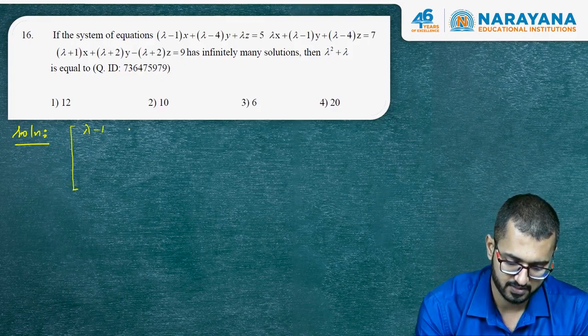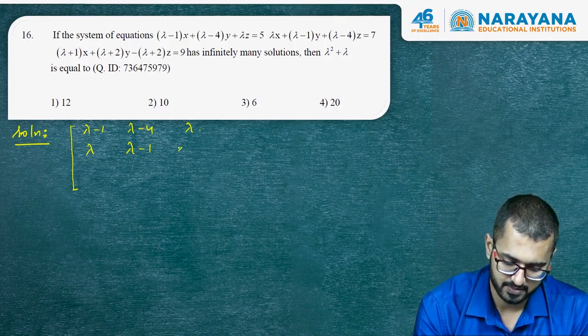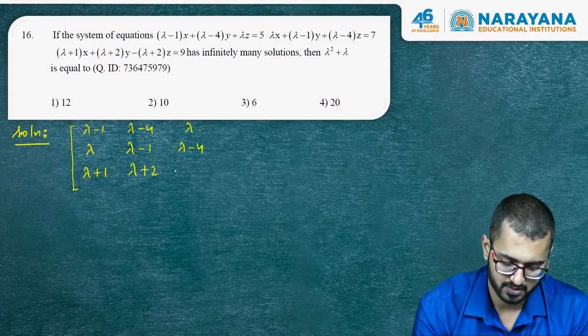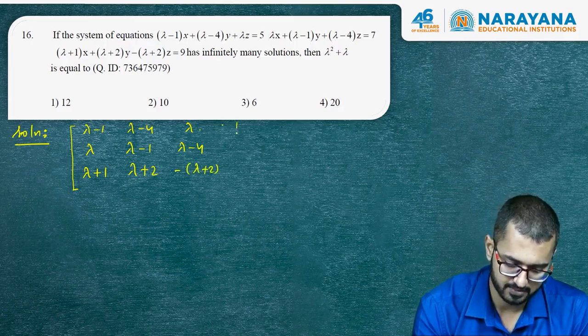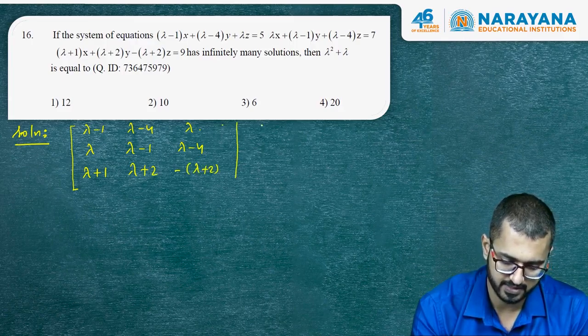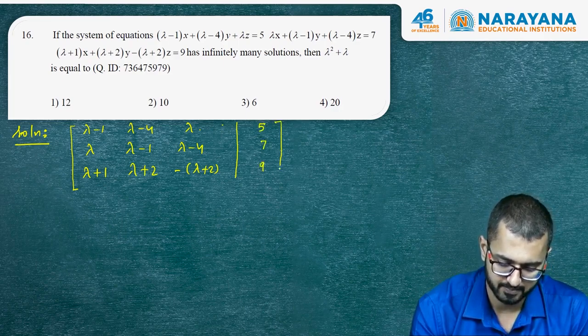Lambda minus 1, lambda minus 4, lambda, lambda, lambda minus 1, lambda minus 4, and lambda plus 1, lambda plus 2, and minus of lambda plus 2. And then on the right side we have 5, 7 and 9.